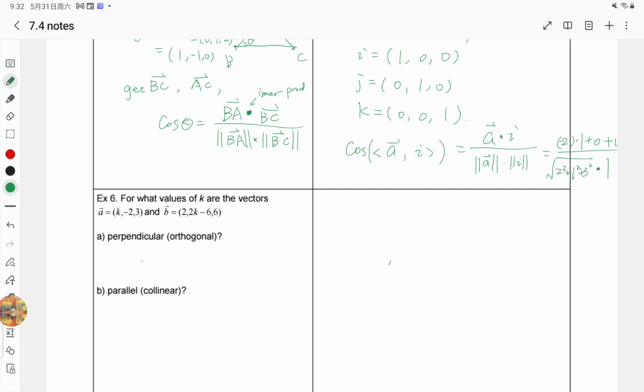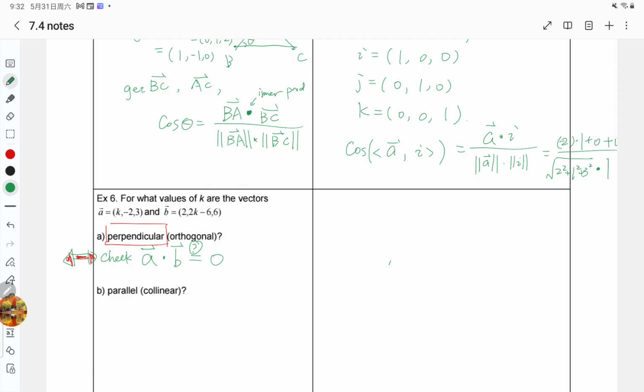This is perpendicular. So are they perpendicular? That is equivalent to checking if their inner product is 0. So this is important to remember: perpendicular is equivalent to inner product being 0, right? So when you see perpendicular, you immediately flash in your mind, oh, inner product, is it 0 or not?